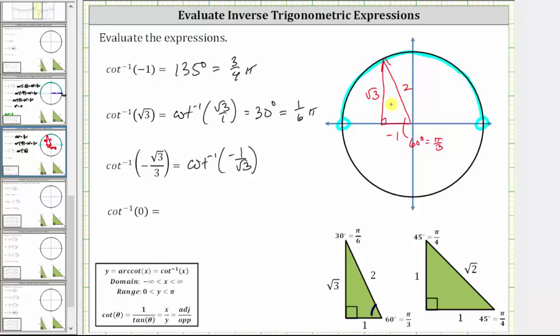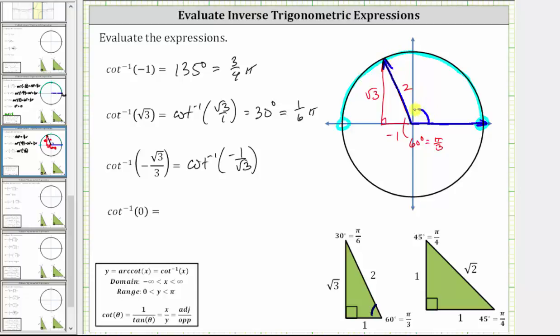Again, notice how this reference triangle does give a cotangent function value of negative 1 divided by square root of 3, which means the angle we are looking for in the open interval from 0 to pi radians that has a cotangent function value of negative 1 divided by square root of 3 has its initial side along the positive x-axis, terminal side along this ray.